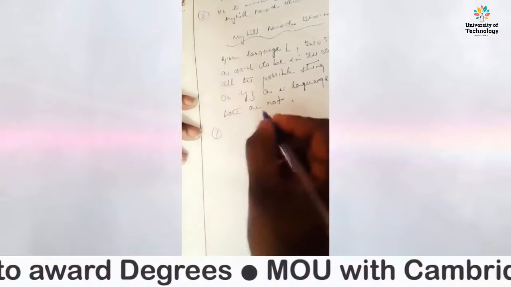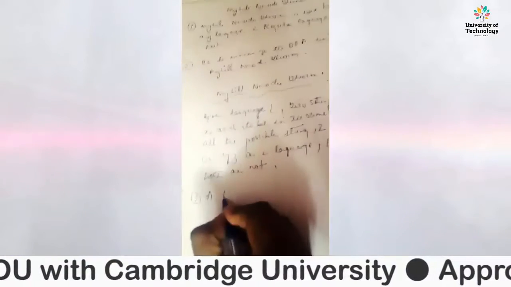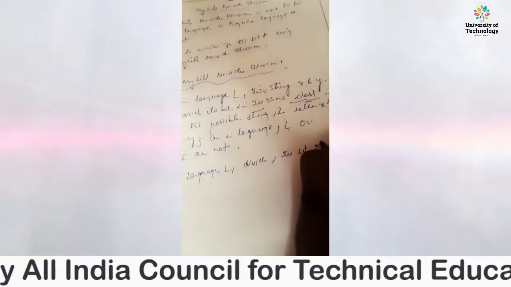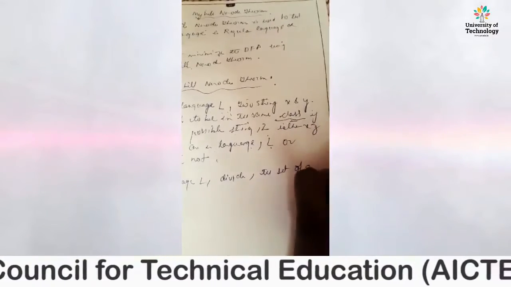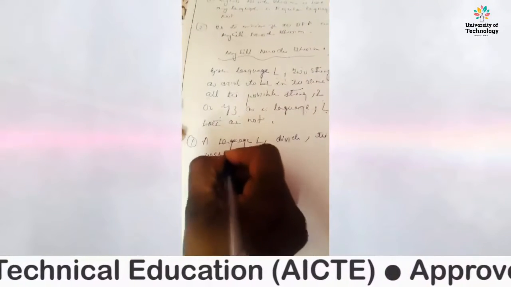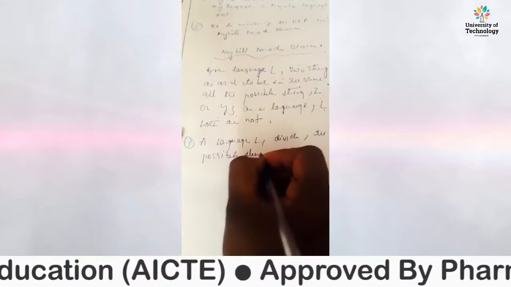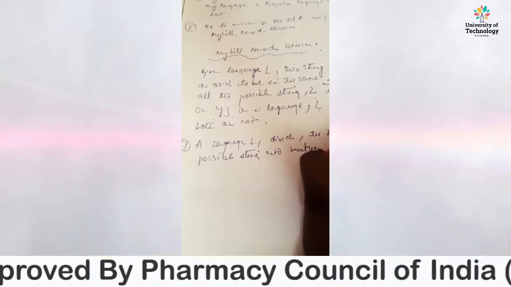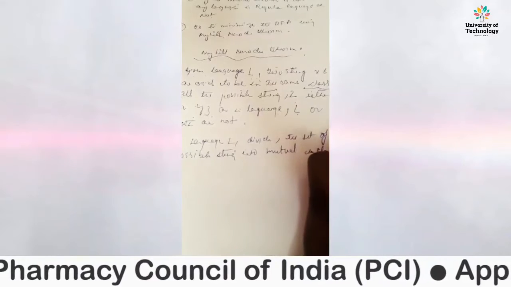Now we have 3 points in it. First, how we are going to prove it? A language L divides the set of all possible strings into mutually exclusive classes.